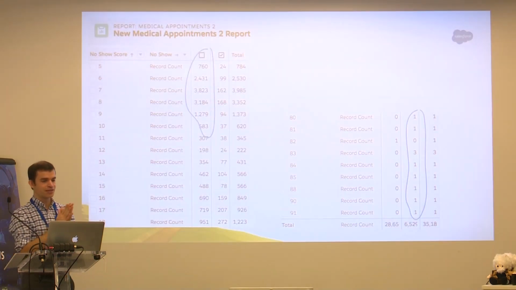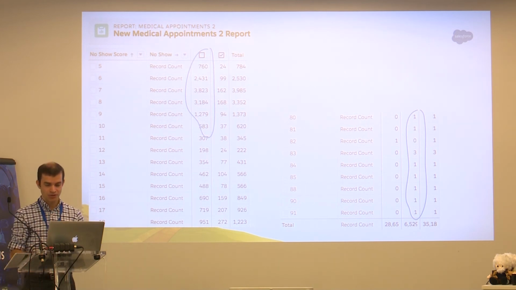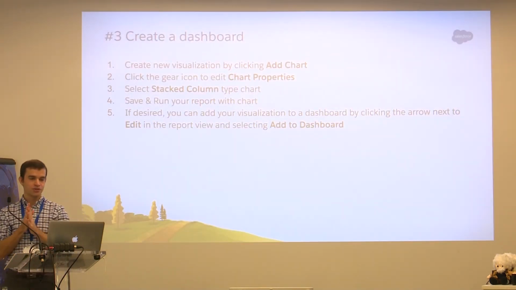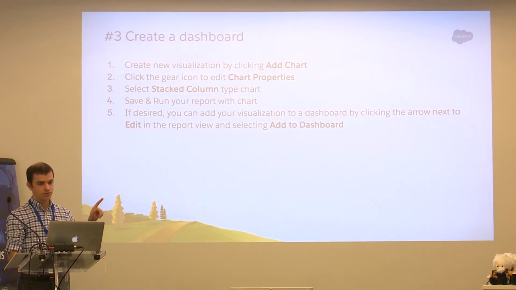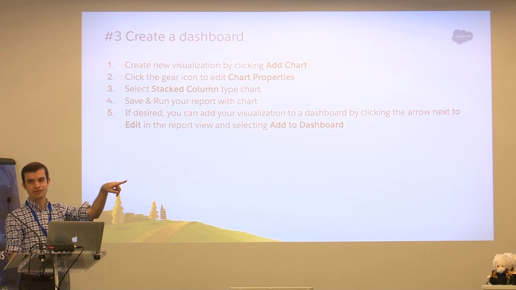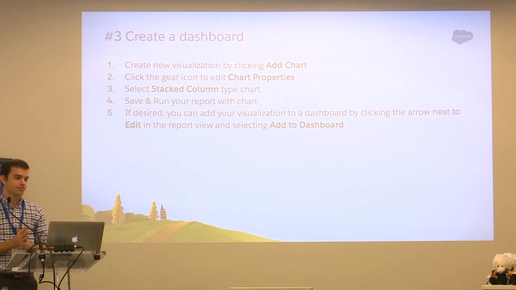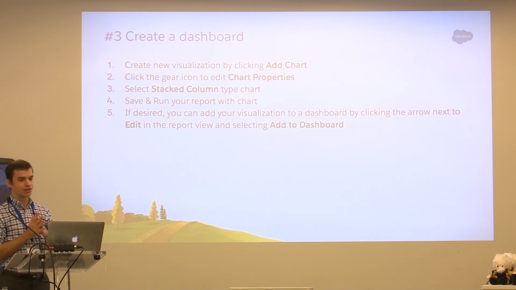So eventually you get something like this. And we like to visualize things. So what you can do next is you can create a chart. If you manage to get to that stage here, you go to the top right of the screen, and there's an Add Chart button, okay? You can click on that, and it's going to do a bar chart.